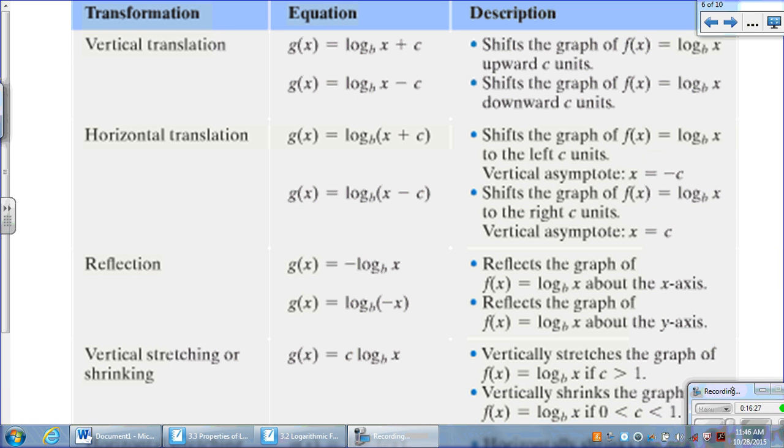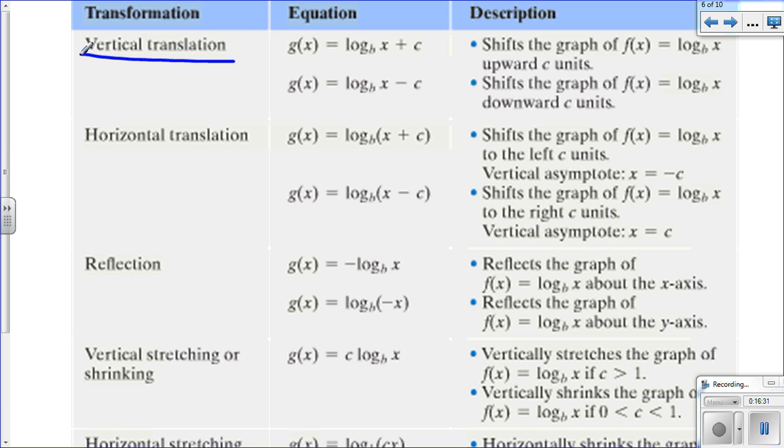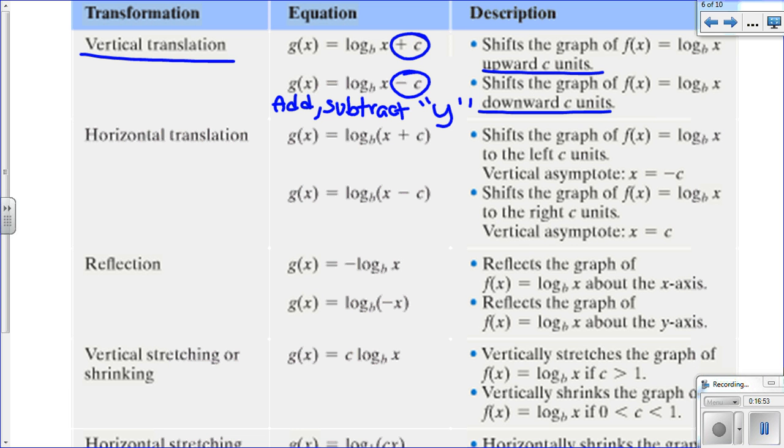Now let's go over this table that has the basic transformations. So vertical translation, we'll have that constant being added or subtracted. If we're adding something, the graph will move up. Subtracting, it will move down. You already know what to do. You will either add or subtract to the y or from the y, because you're moving up or down.